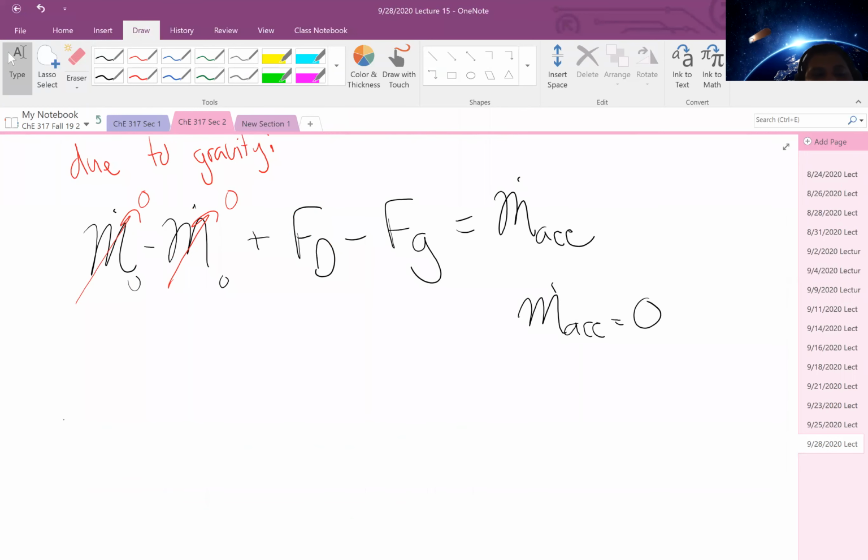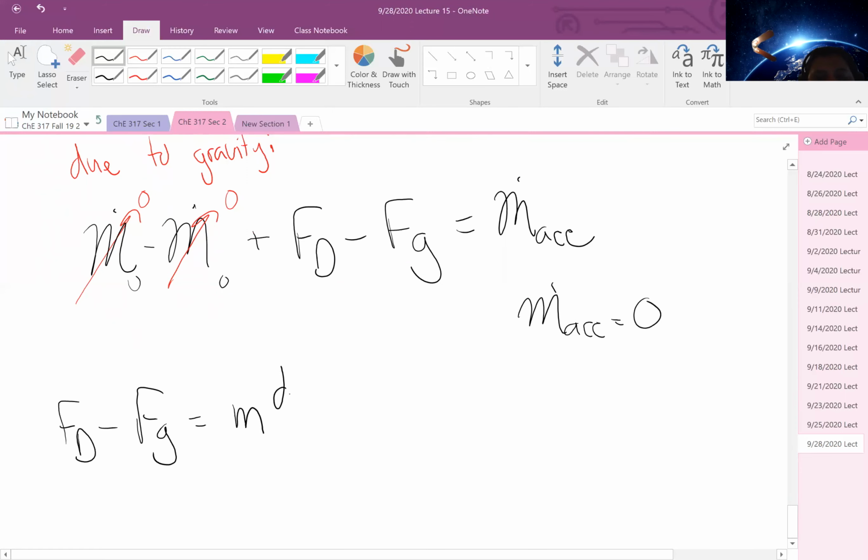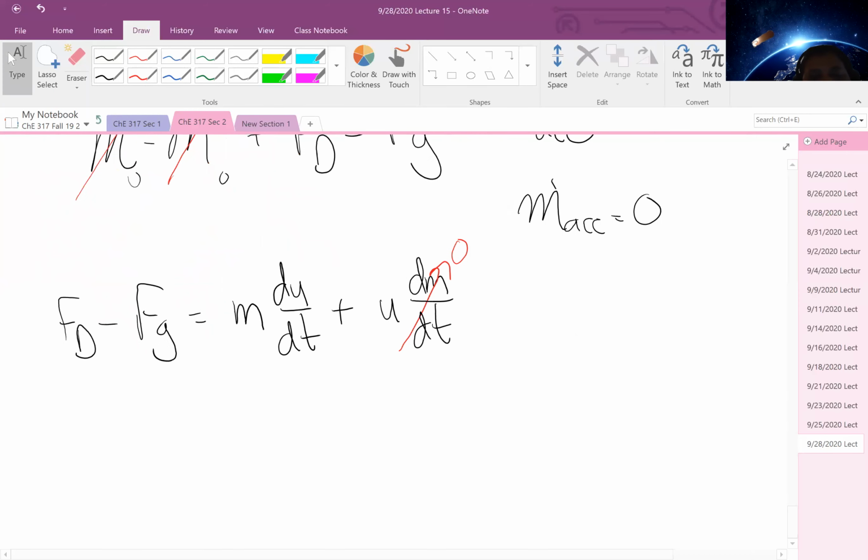So for this problem, I have drag force minus gravitational force equal to that accumulation term, which I can write as the particle's mass times its change in velocity with respect to time, plus its velocity times its change in mass with respect to time. Since nothing is going in or out of the object, there is no change in mass. So the drag force minus the force due to gravity is equal to mass times acceleration, which I'll denote as a.